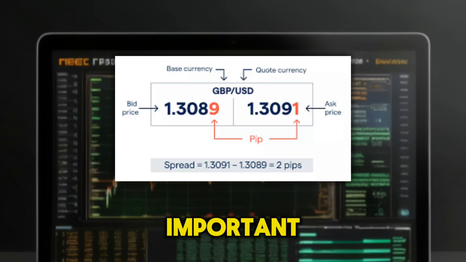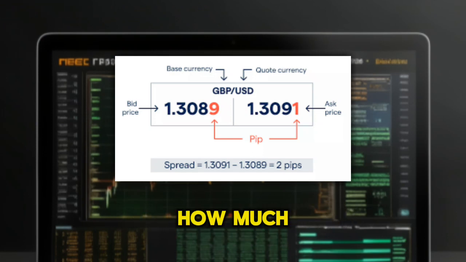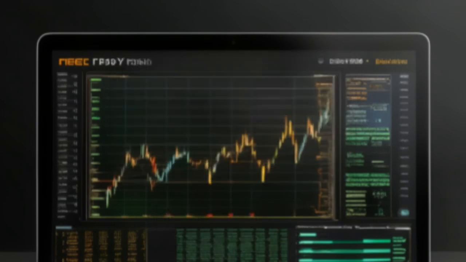Understanding the spread is important because it tells you how much it costs to trade. The wider the spread, the more it costs you to enter and exit trades. So, when you're trading Forex, it's smart to keep an eye on the spread to make sure it doesn't eat into your profits too much.